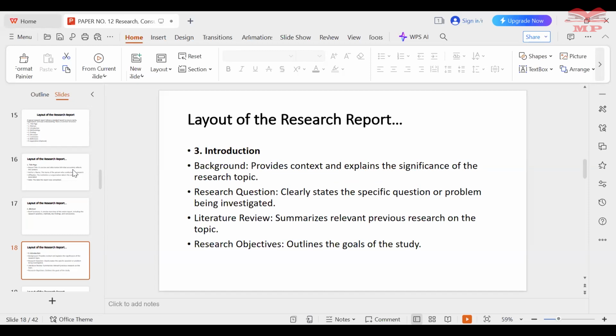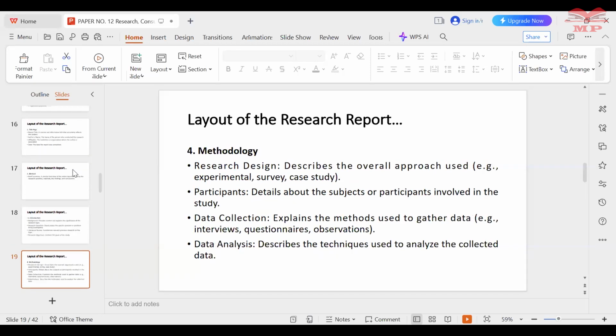Other subsections could be included in the introduction, depending on the nature of the report. And then number 4, the methodology part of the report, would have the research design, the participants, data collection, and data analysis as the main aspects of the methodology, but other aspects could also be captured to make the methodology section very clear.